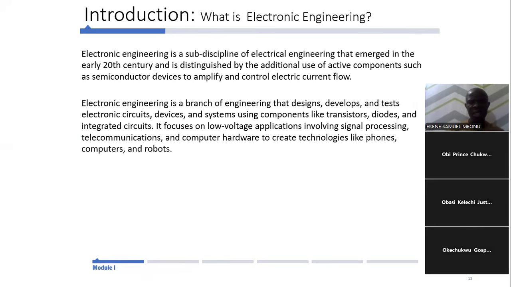Electronic engineering is a subdiscipline of electrical engineering that emerged in the early 20th century and is distinguished by the additional use of active components such as semiconductor devices to amplify and control electric current flow. It's a branch of engineering that designs, develops, and tests electronic circuits, devices, and systems using components like transistors, diodes, and integrated circuits, that is IC.